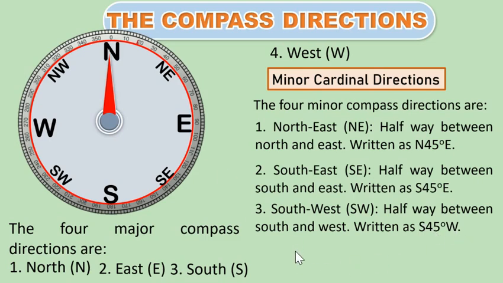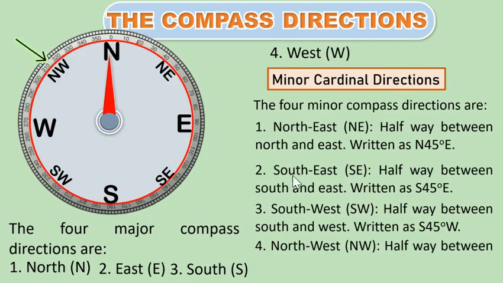Then the last but not the least is the northwest direction, which is halfway between north and west. In acute angle format, that is written as north 45 degrees west. These are the four minors and the four majors, giving us 8 cardinal points or 8 cardinal compass directions.